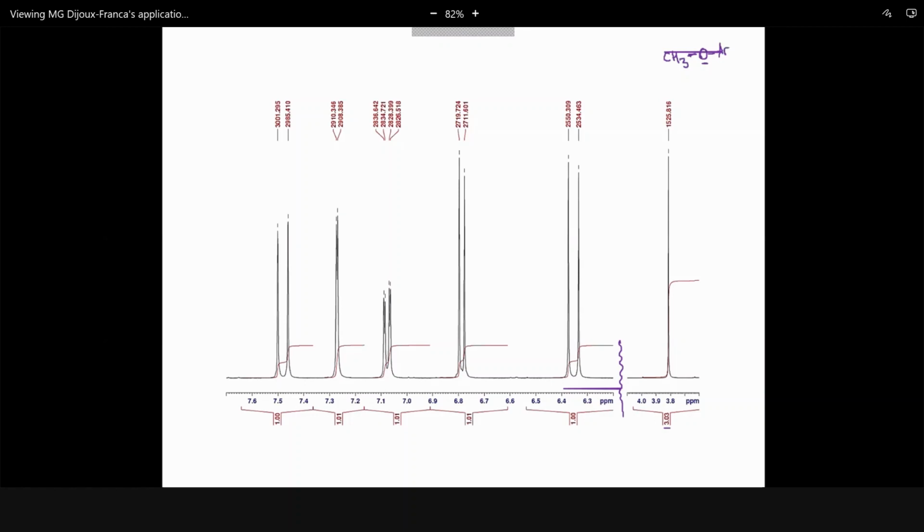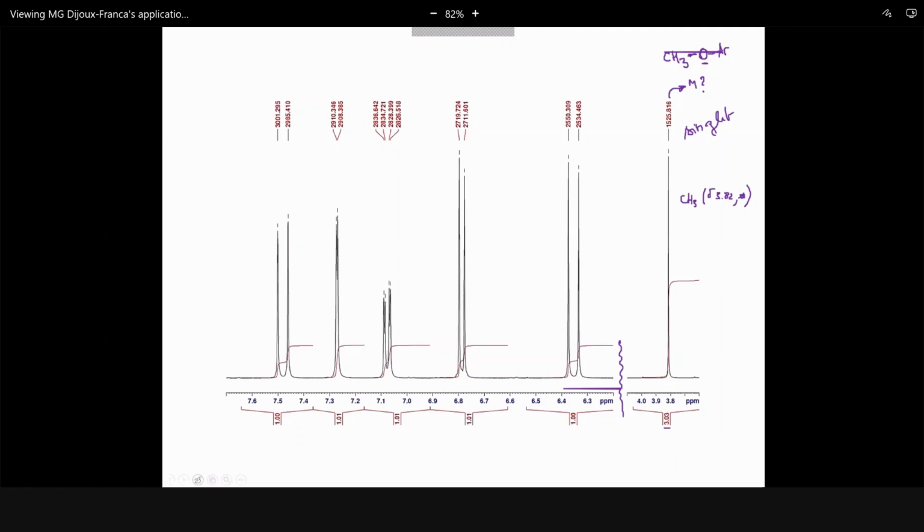What is the shape of the signal? How is it called? This signal is a singlet. Okay, we used to say we have a CH3 with the chemical shift 3.82. This is a singlet. This is how it is described.